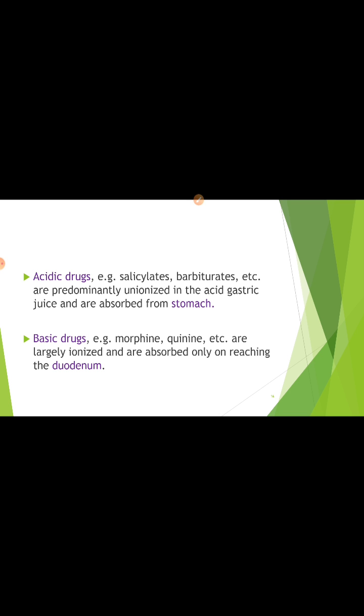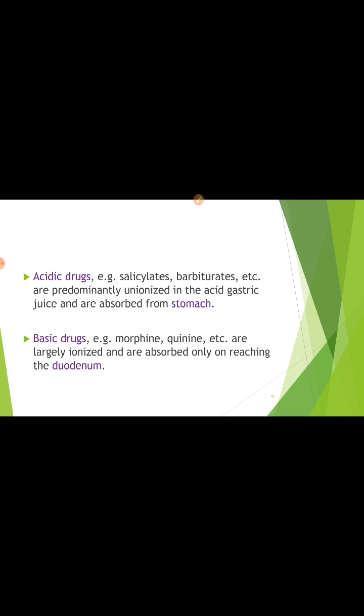So an acidic drug in an acidic medium will remain unionized. Simple chemistry, there will not be any ionization. Hence, it is lipid soluble and it's absorbed from the stomach.